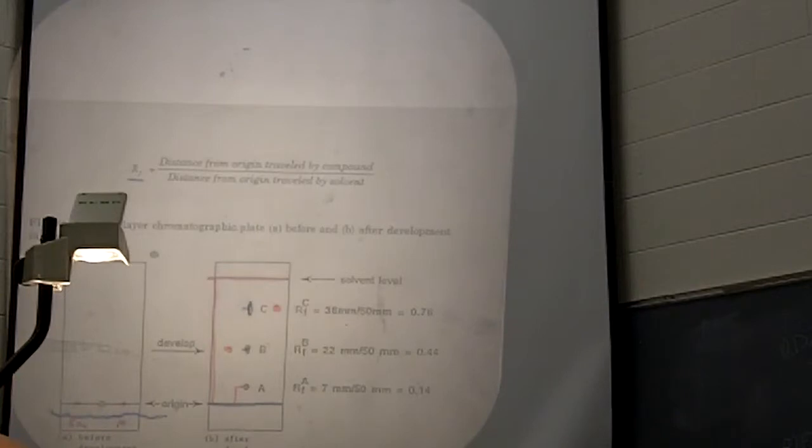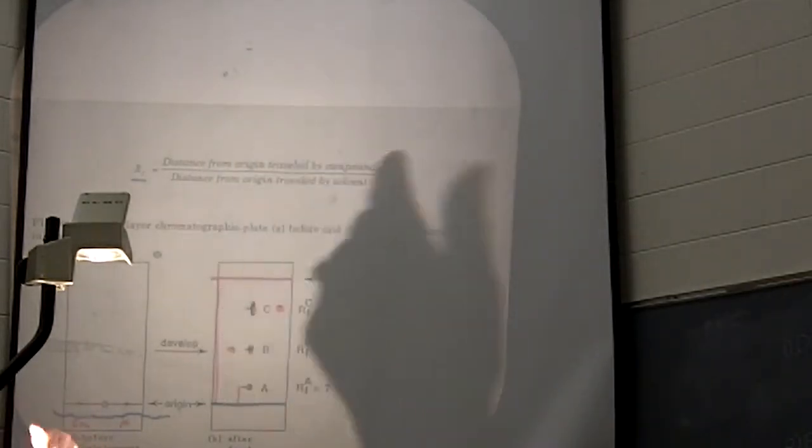And no compound should outrun your solvent. So when you go to mark off where your eluent went to, no compound should have gone beyond that. Okay? The solvent will always go the farthest, and then the compounds themselves will travel less far than the eluent. So with that in mind, what will this number always be?